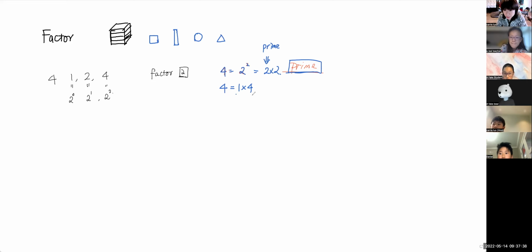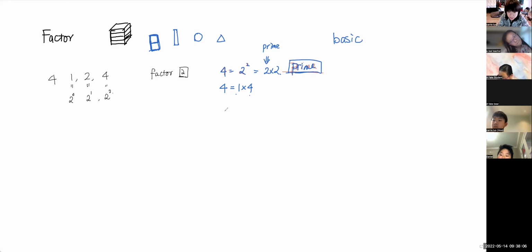Okay, so 1 times 4 is almost like you're talking about 2 Lego pieces put together. It's not a single piece. It's not the base piece. The basic piece is already 2 pieces combined together. Understood? So when we're talking about the basic piece, we're talking about the prime number.